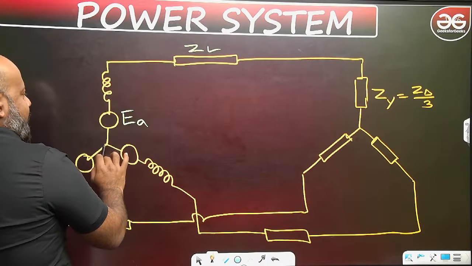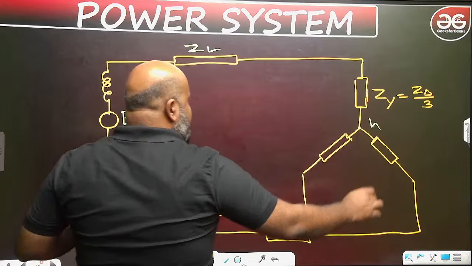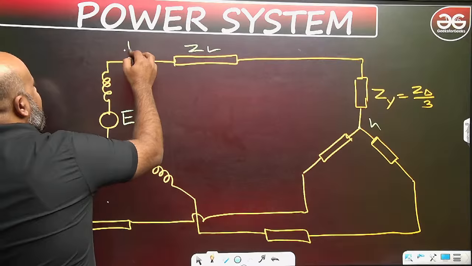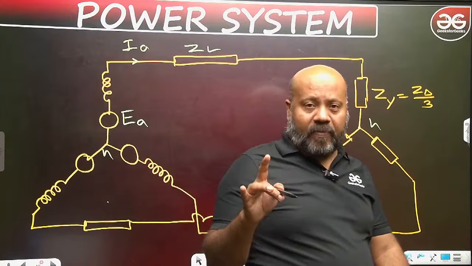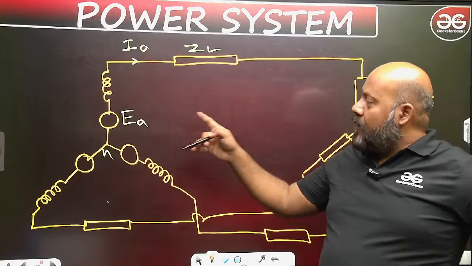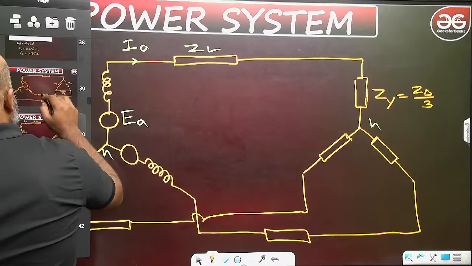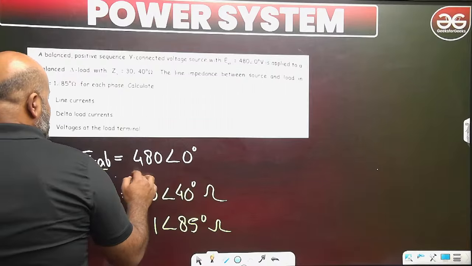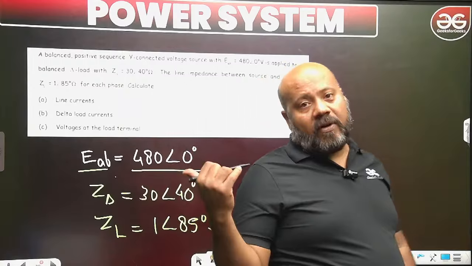So if you see this circuit, suppose this is the neutral point, this is also the neutral point of the star. So for calculating the A phase current, what I need is the per phase voltage or the EMF for A phase. Now you see, he is already giving me, in case of a star connected source, he is giving me the line voltage.